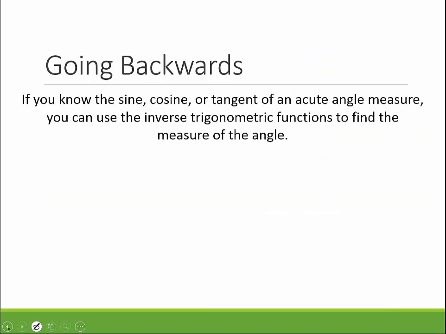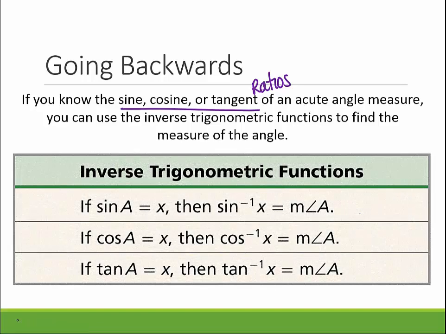If you know the sine, the cosine, or tangent, so remember these are all ratios, you can use the inverse trig function to find the measure of the angle. And then here are your inverse trig functions. It's kind of like undoing it. If I know that a side ratio of angle A is x, then I can do the inverse sine of that side length and find the measure of my angle. Same thing works for cosine, and same thing works for tangent.